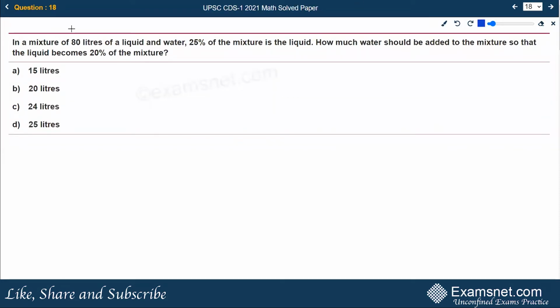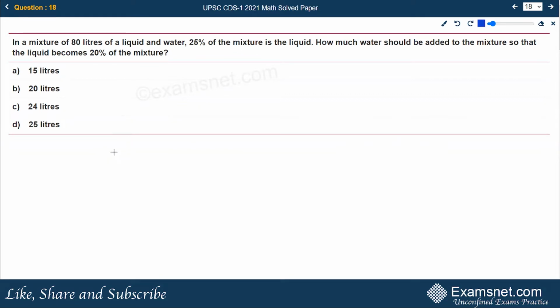In question number 18, we are given: in a mixture of 80 liters of a liquid and water, 25% of the mixture is the liquid. How much water should be added to the mixture so that the liquid becomes 20% of the mixture? So now 25% of the mixture is the liquid, correct?